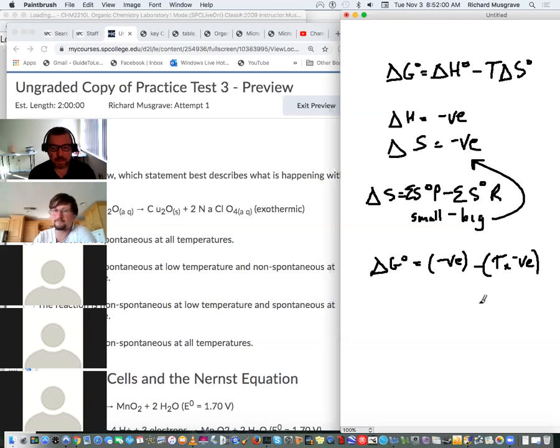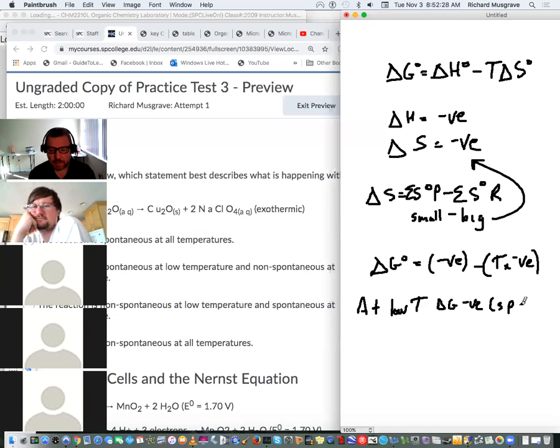But if the signs are different, then there's going to be no variation with temperature. In this case, their signs are the same, so I'm expecting variation with temperature. So what I know is this: at low temperature, and what I kind of do is I think, well, okay, temperature low, that would be 0. Let's say it's 0. That means that delta G would be negative, which would make the reaction spontaneous at low temperature.